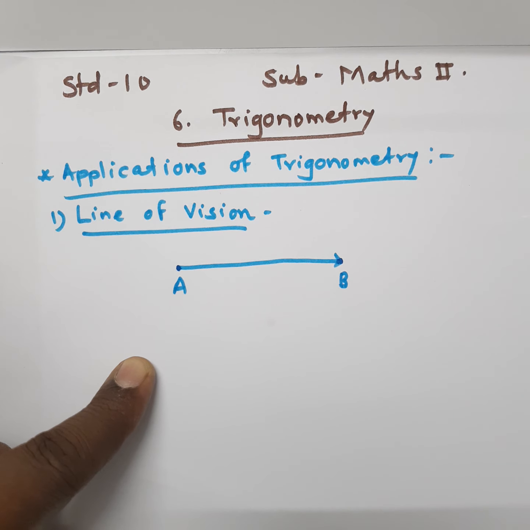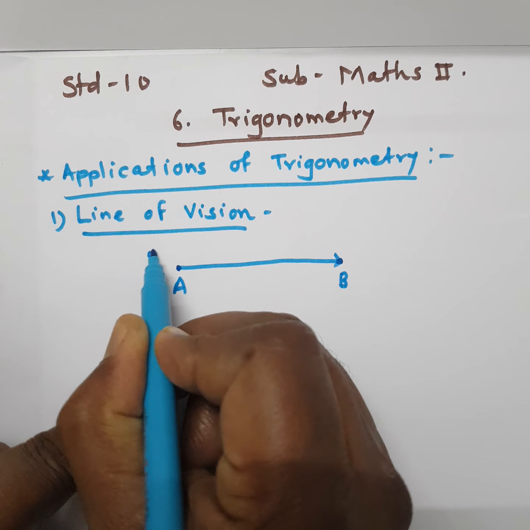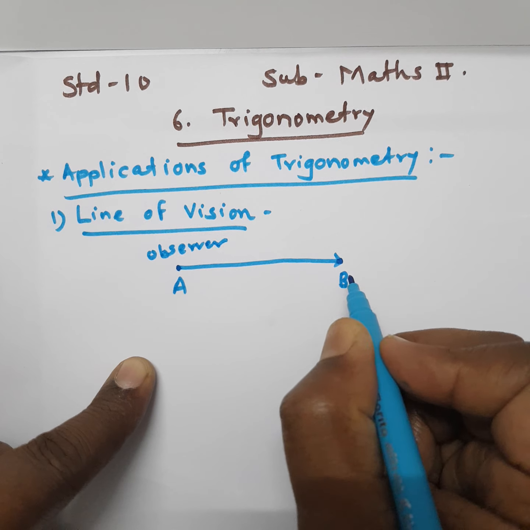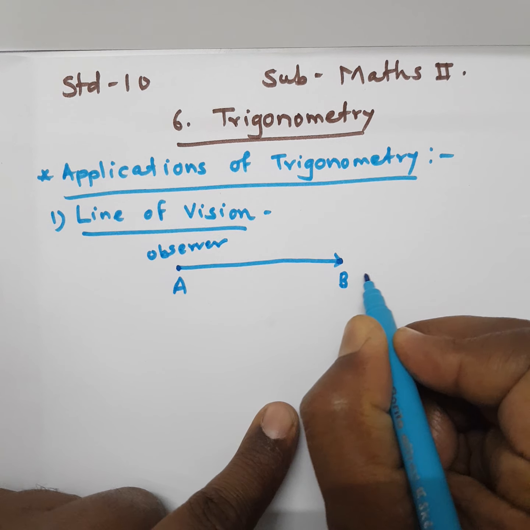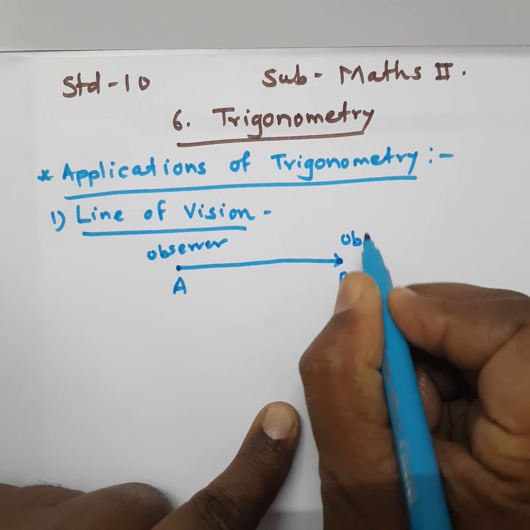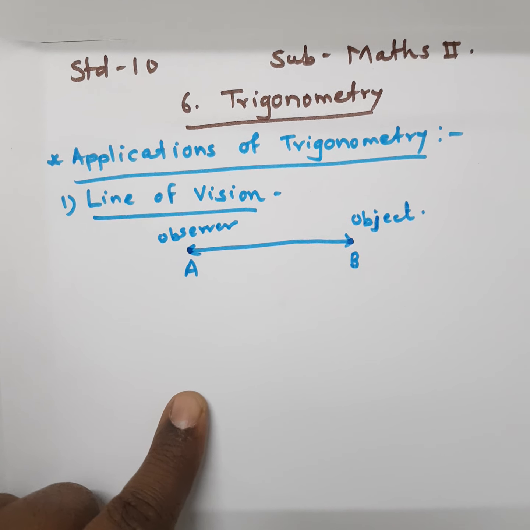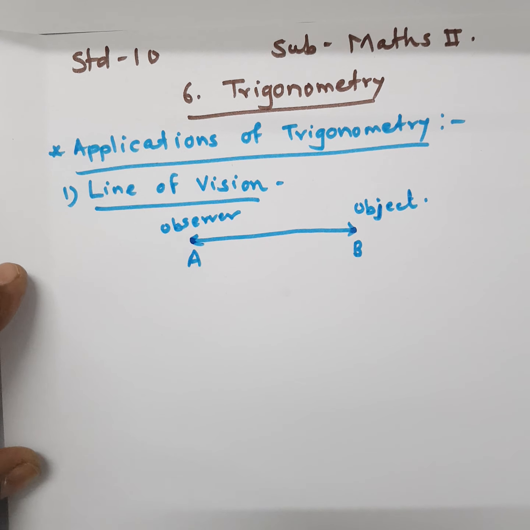Observer standing at A is looking towards the object at B, then line AB is called the line of vision.